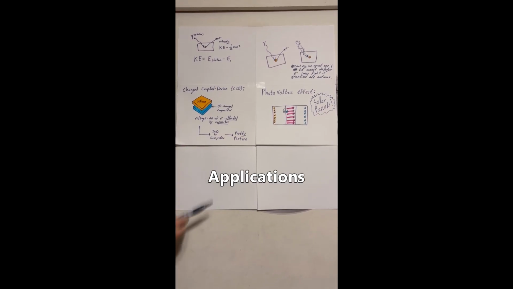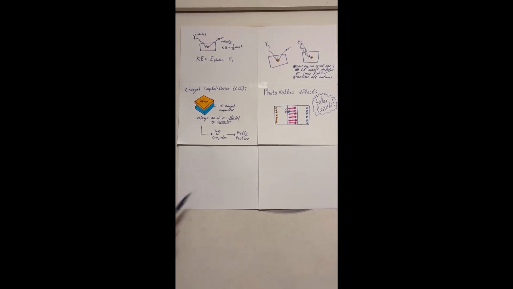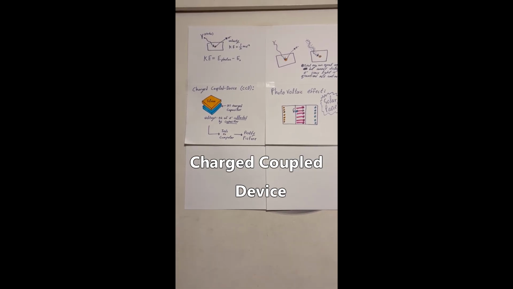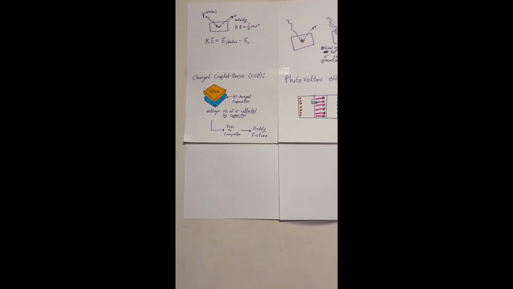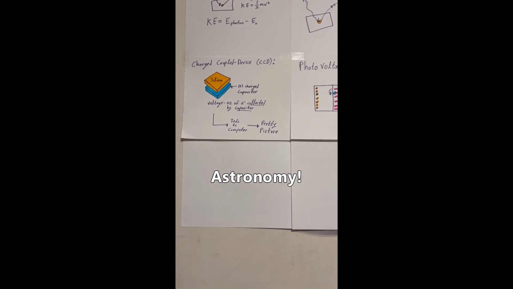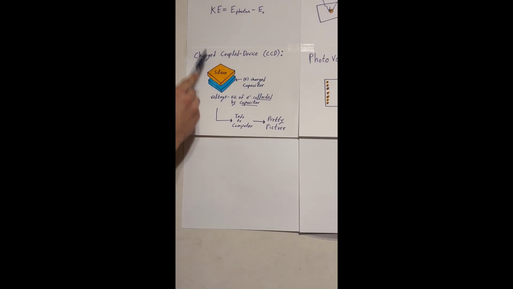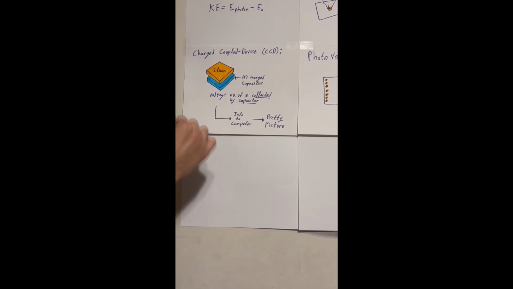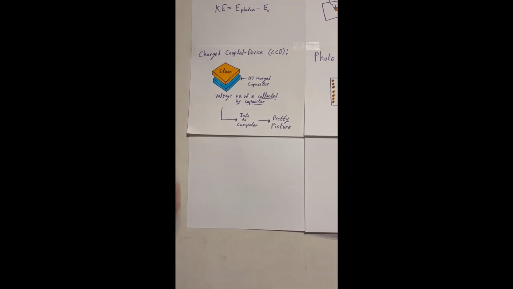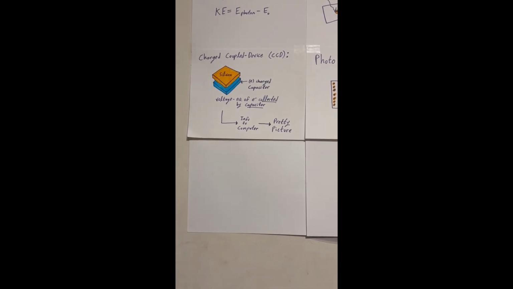So some applications of the photoelectric effect, one of them is the charge coupled device, or the CCD. And this is used in astronomy or photography and whatnot. This uses kind of the same concept of dislodging electrons with photons.